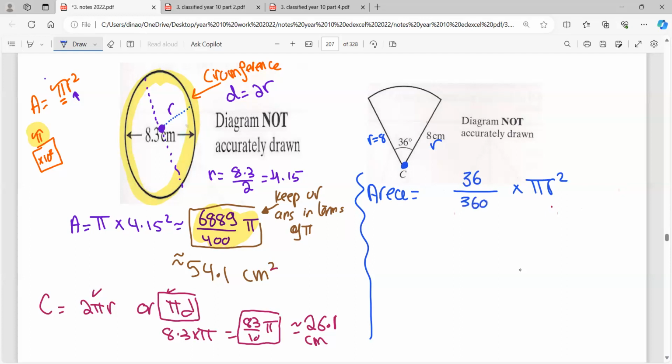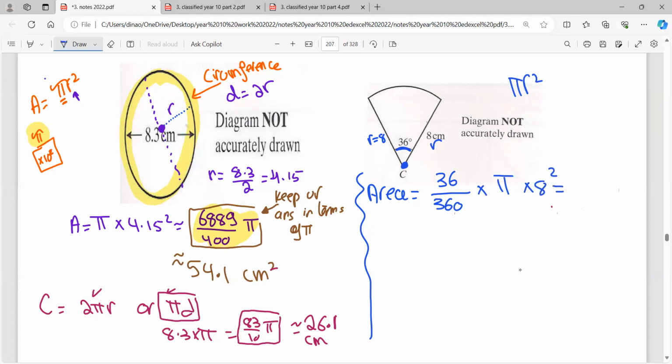Because, as we agreed, if I complete this, it will become a circle. So the area of the sector is simply the angle of the sector divided by the total angle of the circle, multiplied by the area rule of the circle, which is pi r squared. The radius is given as 8, and now I just place it on the calculator.